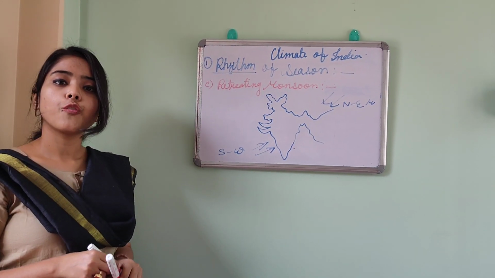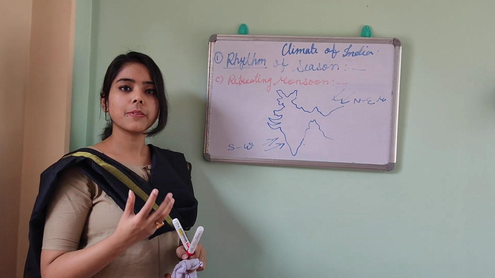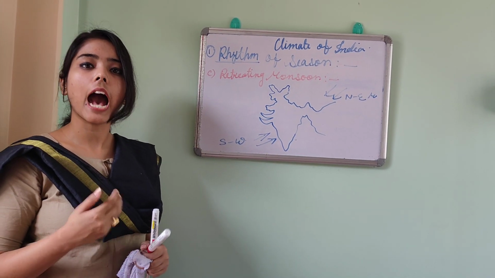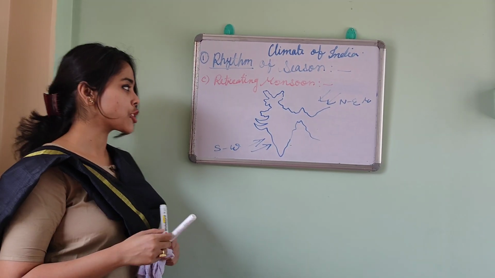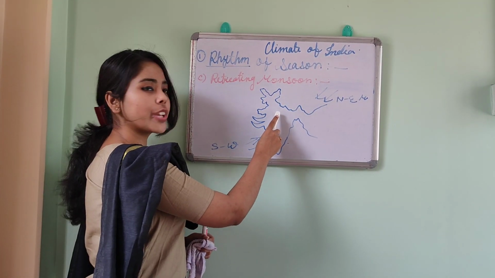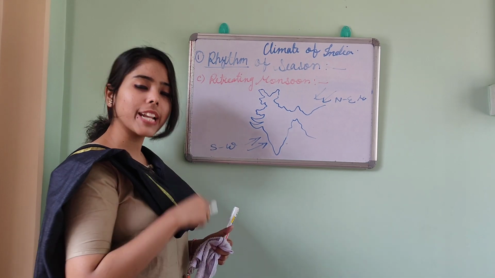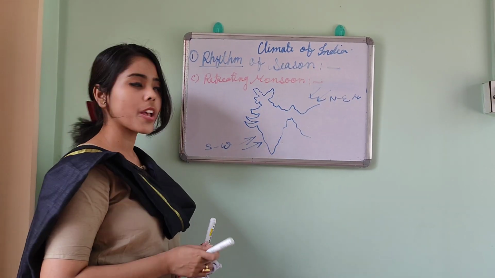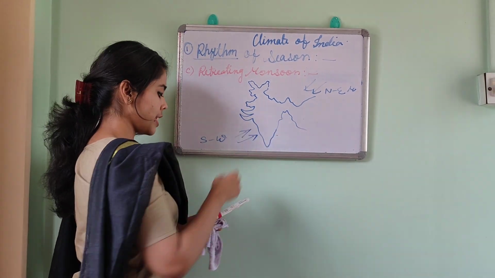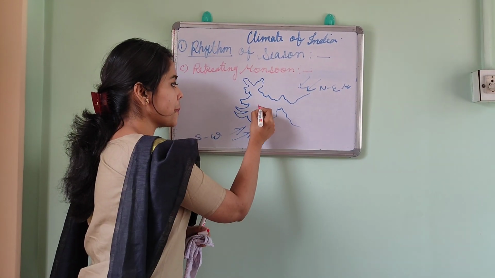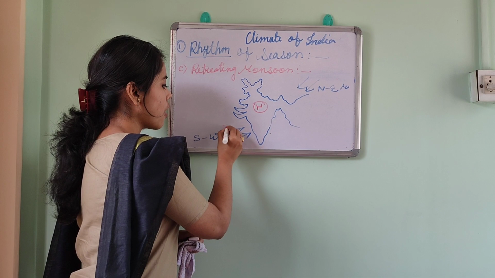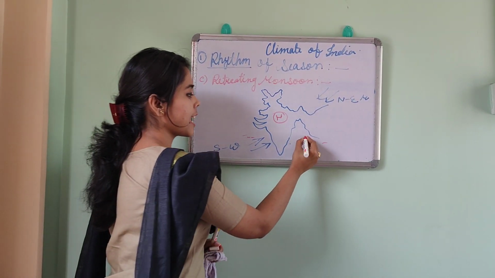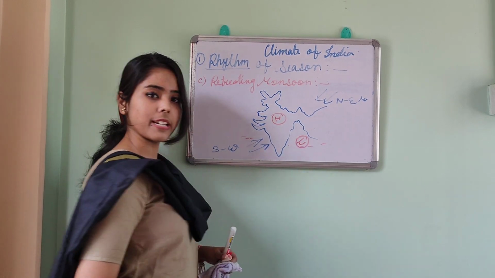Now, from the middle of September, this land area will start experiencing a high pressure zone. High pressure means that temperature will drop, and when temperature drops, automatically the pressure will be more. So when the land area starts experiencing high pressure, then over the ocean bodies, it will experience a low pressure belt.